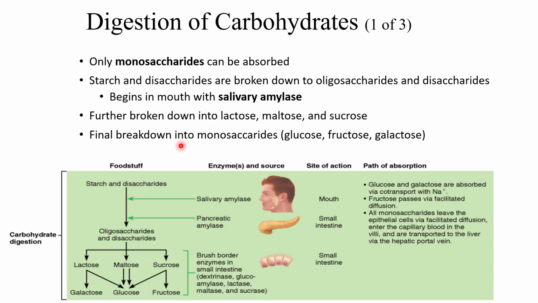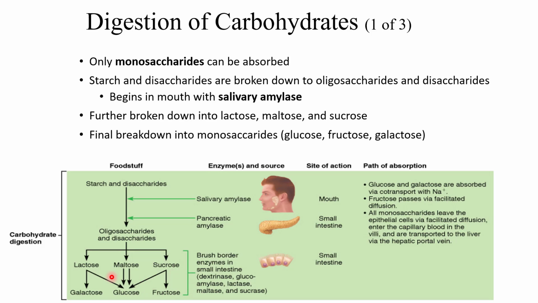And the final breakdown into monosaccharides, meaning glucose, fructose, and galactose, happens with the use of brush border enzymes. Lactose gets broken down into galactose and glucose. Maltose will be broken down into two glucose. Sucrose gets broken down into glucose and fructose.